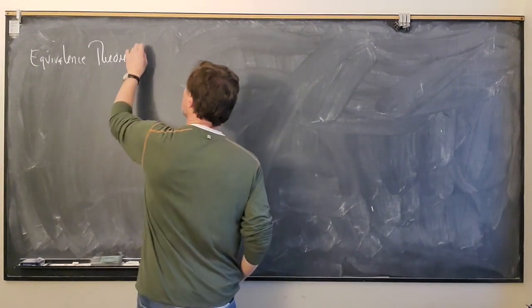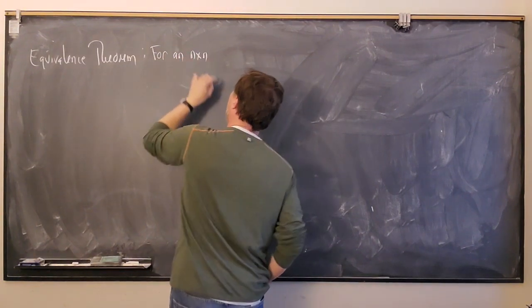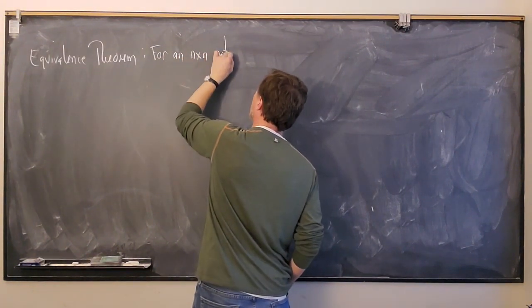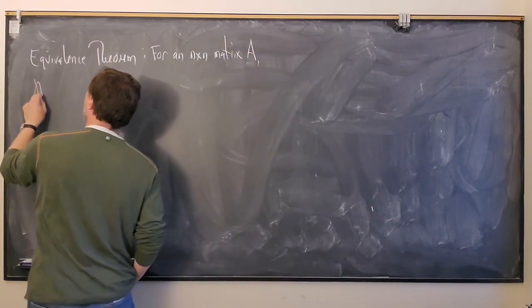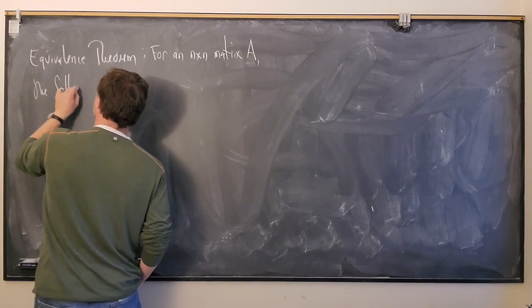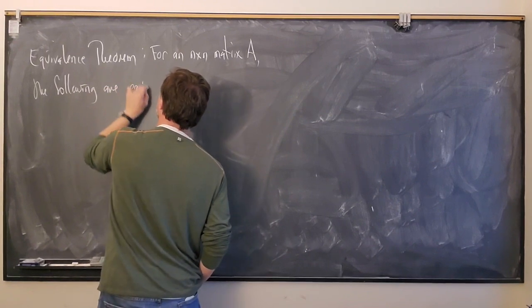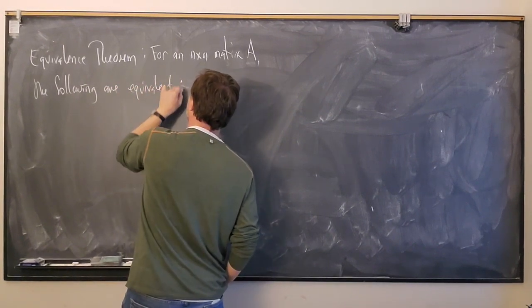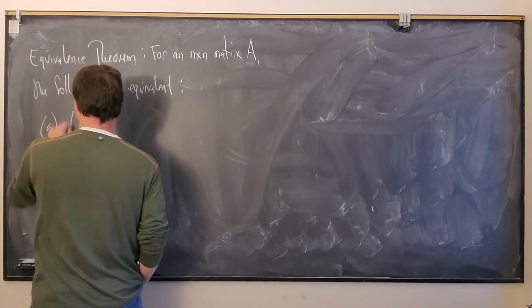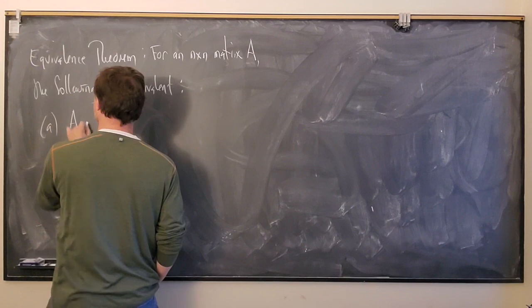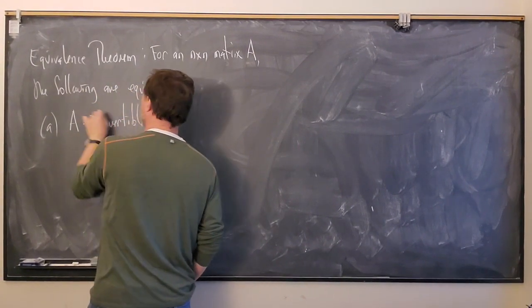And so it goes like this. For an n by n matrix capital A, the following are equivalent. Part A: the matrix A is invertible.